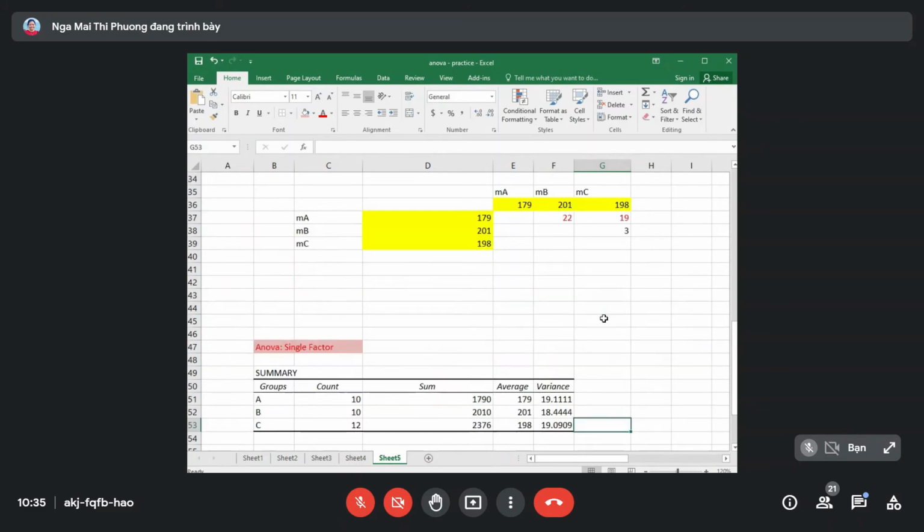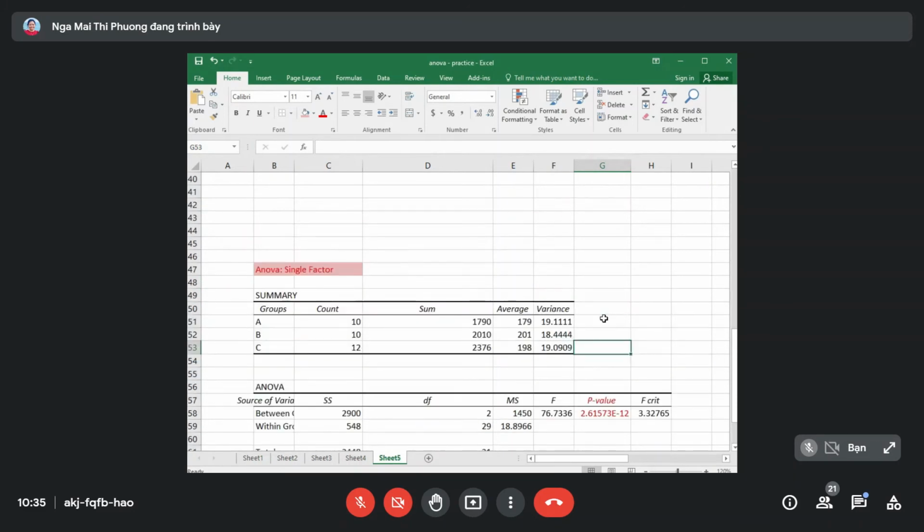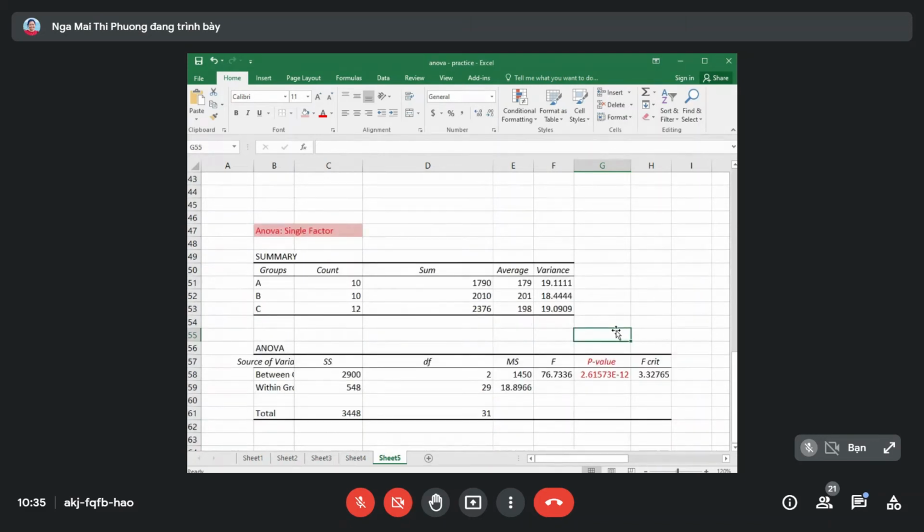All right. In experimental design, for example, you may also like to check different drugs or different metabolites to inhibit bacteria or to treat some disease. So you have different extracts from plants. You have different drugs.